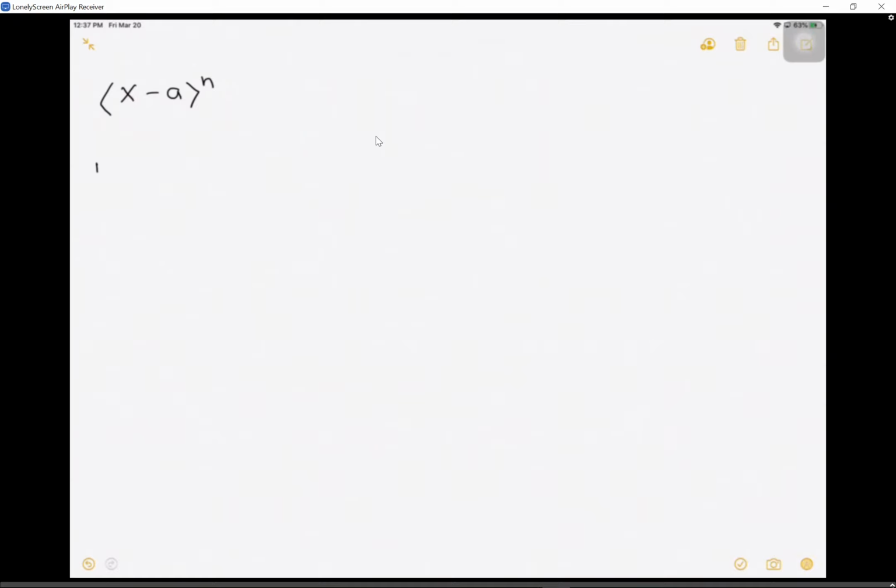Here x is the length of your beam, a is the position of your force or moment, and n is the behavior of your force or moment.